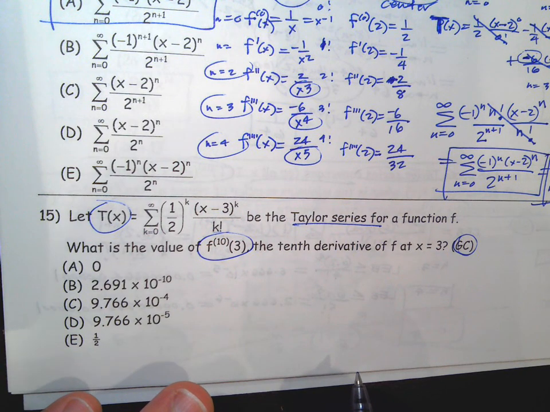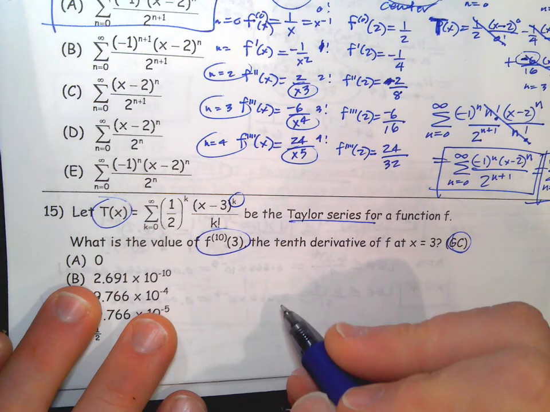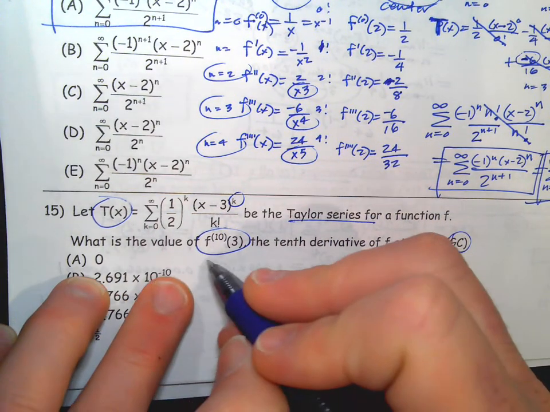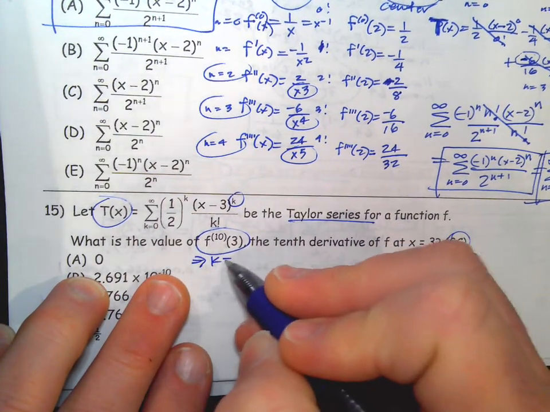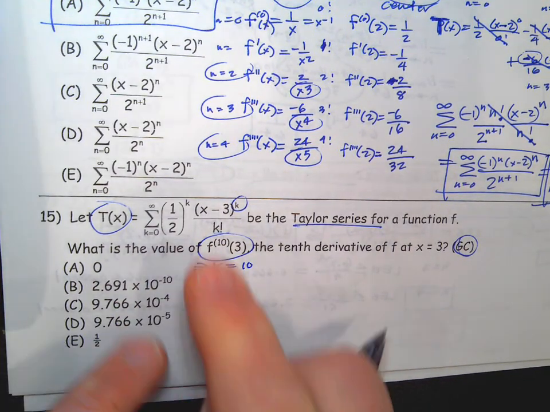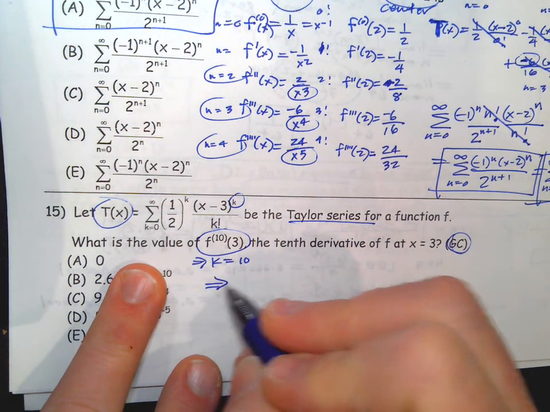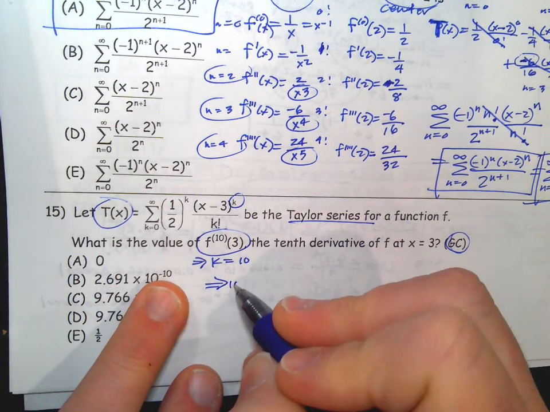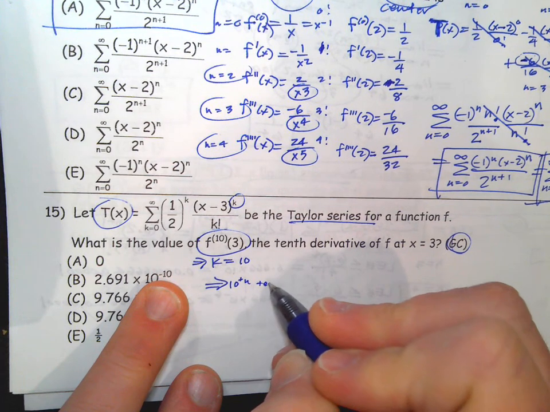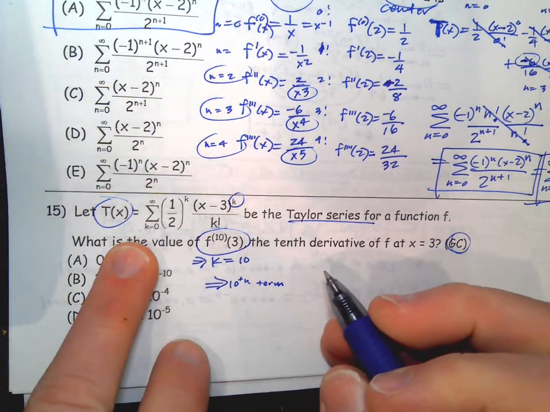Well, the 10th derivative is going to correspond to k equaling 10, right? And we could just directly plug k equals 10 in here to get the 10th term, or the nth term. It's not necessarily the 10th term, because k equals 0 is the first term.